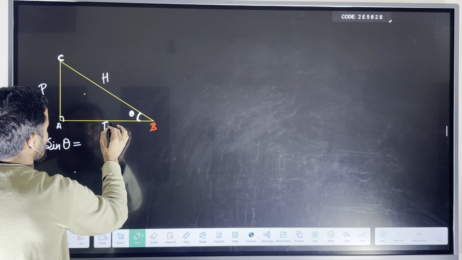If you see question number 1, in triangle ABC, right angled at B. Let me make a triangle.